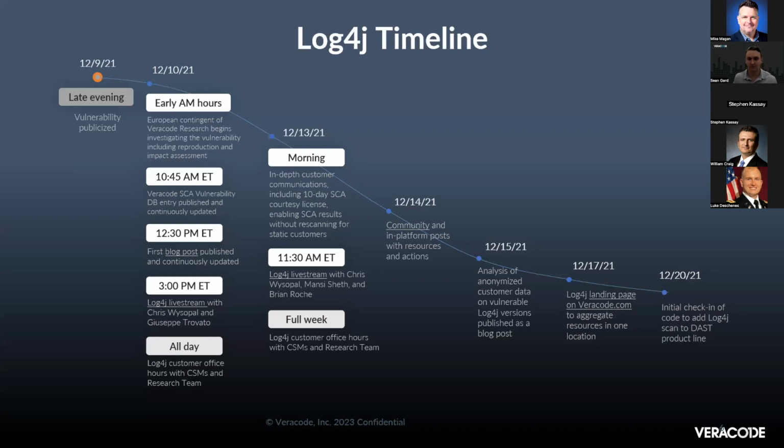Yeah, thank you, Sean. And pretty much as we all know, the Log4j vulnerability was a true 0 day, so there's no real complete way to prevent them. But to give you a little bit of insight on how Veracode handled the Log4j incident, the biggest takeaway was that a day after the vulnerability was publicized, we had multiple different sessions with our customers throughout the day, and our founder and some other research individuals had live streams to share with those customers.